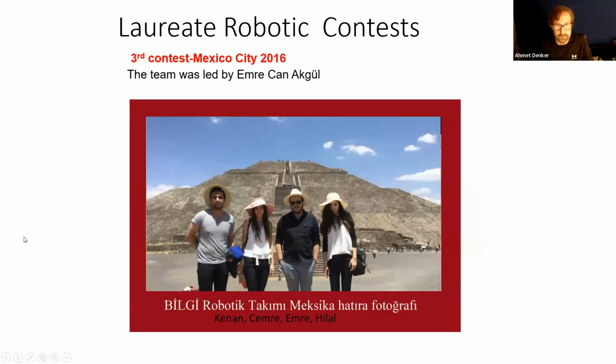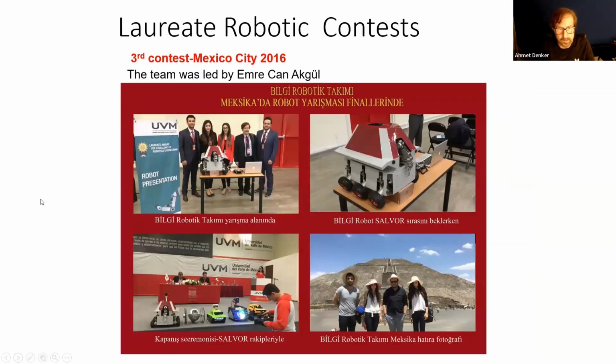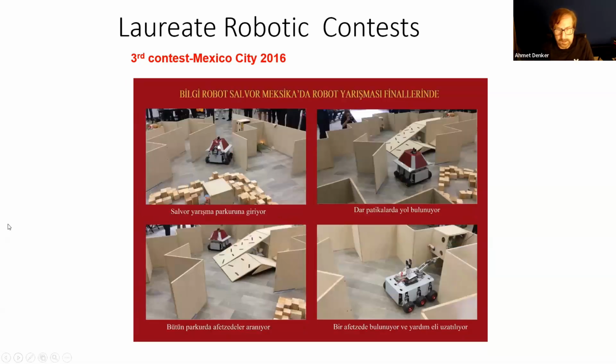The following year in 2016, this time we were in Mexico. This is the Bilgi robotic team in Mexico. And this was a search and rescue robot. It was supposed to do its path planning, as we saw in the shaky robot.